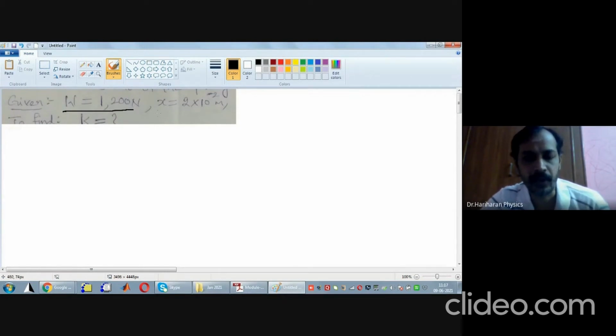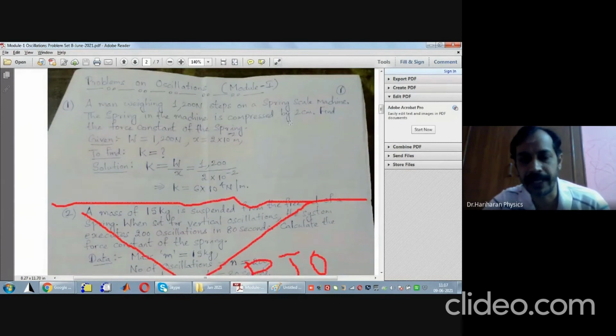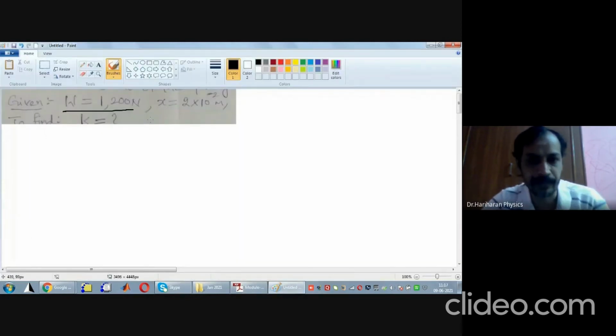Next, when he stands on it, the spring gets compressed by what distance? Look here, the spring will get compressed by 2 centimeters. Therefore, x will be equal to 2 centimeters.